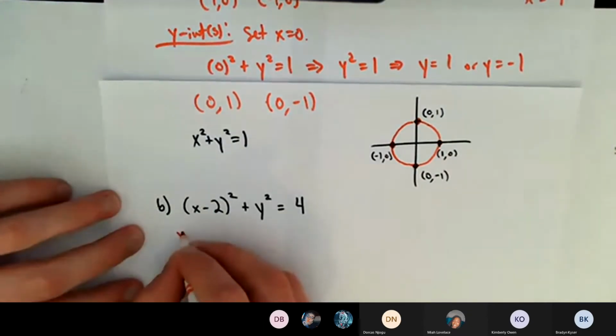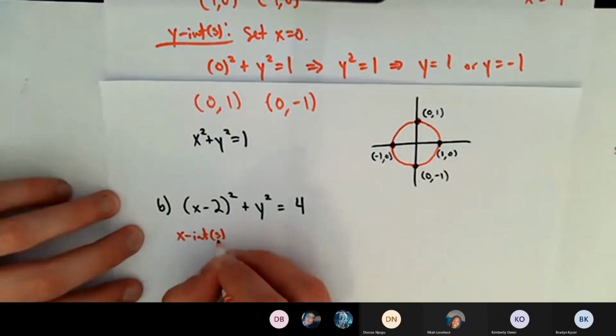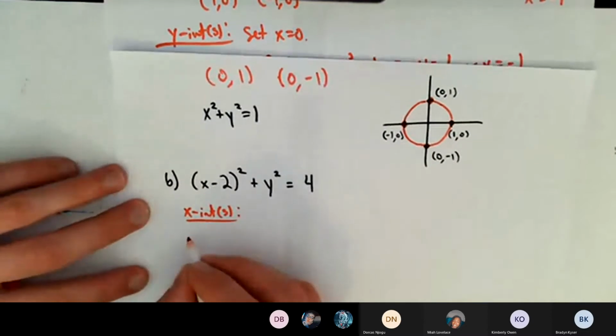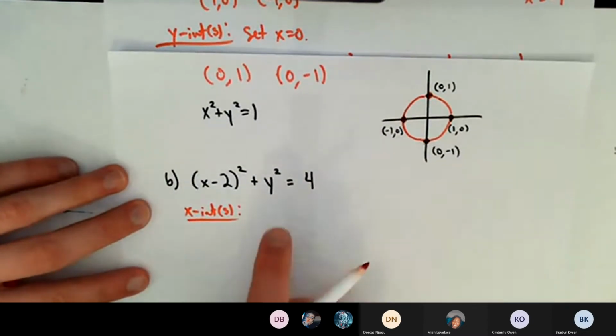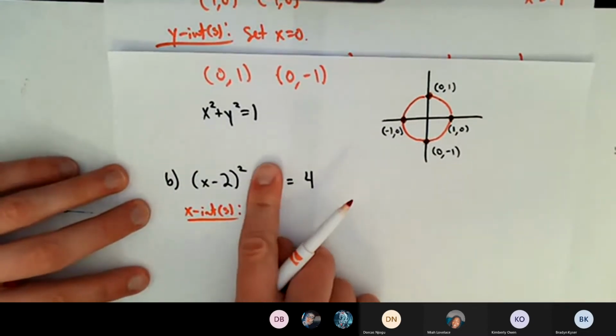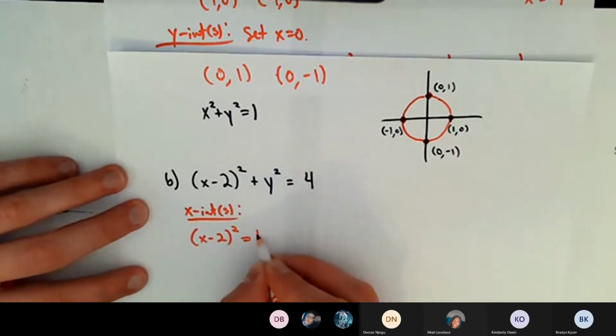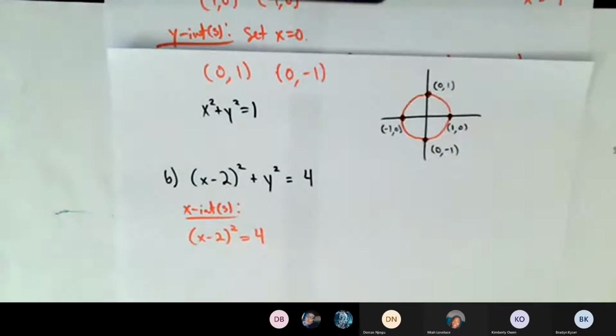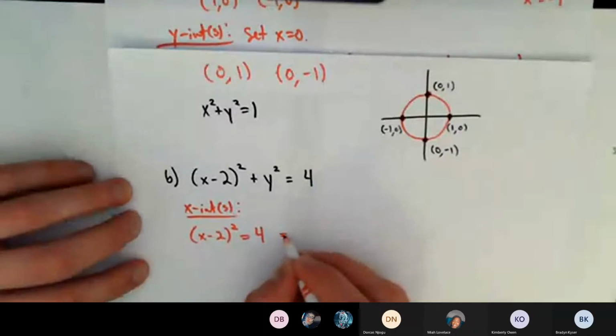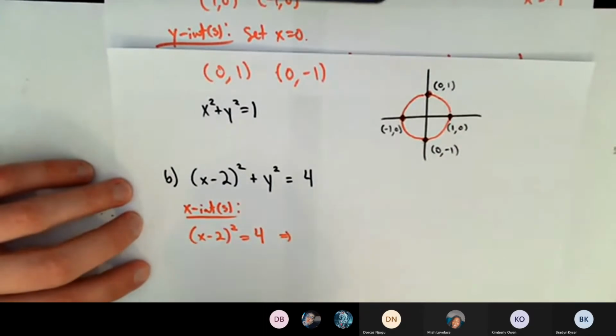All right, x-intercepts. Setting y equal to 0, I'm going to have, can I skip some steps here? If I know 0 squared is just 0, then I end up with x minus 2 all squared is equal to 4. Next step here, square rooting, right?